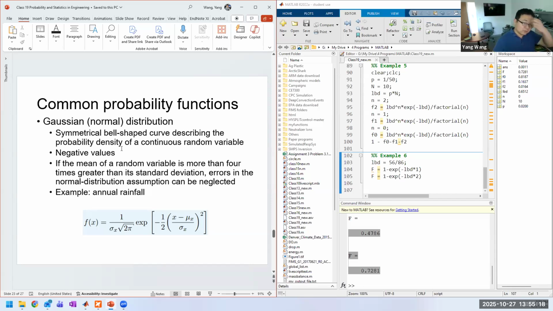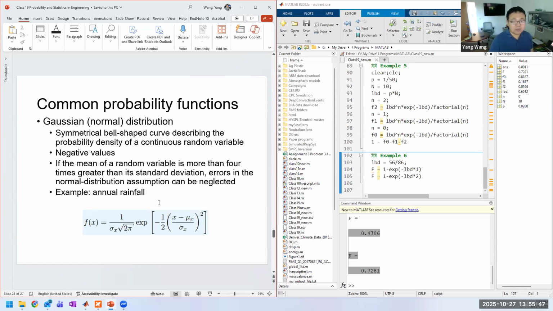Normally the Gaussian distribution has an equation that looks like this. The only issue is if you consider variables that cannot have negative values, it could still generate a certain probability. For example, if we're talking about the annual rainfall at a specific location, with statistics over the past 200 years.